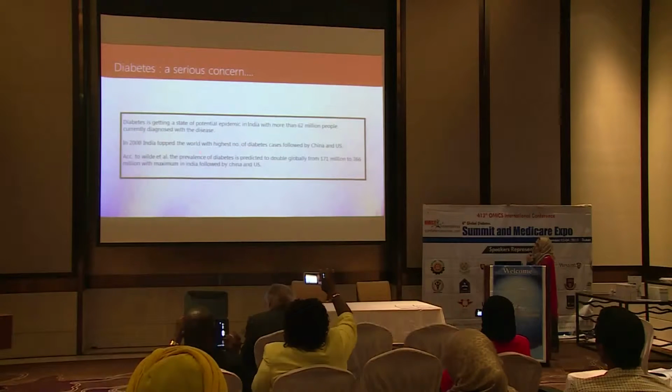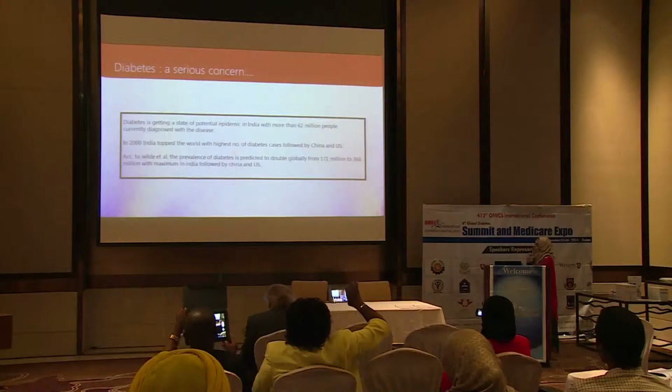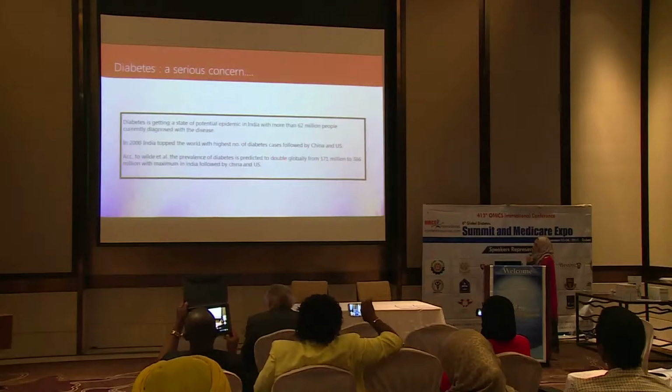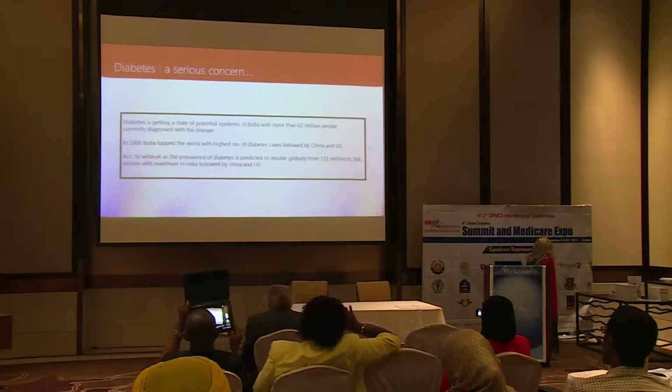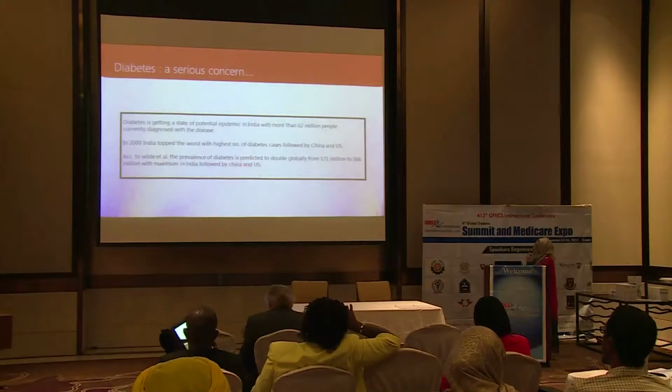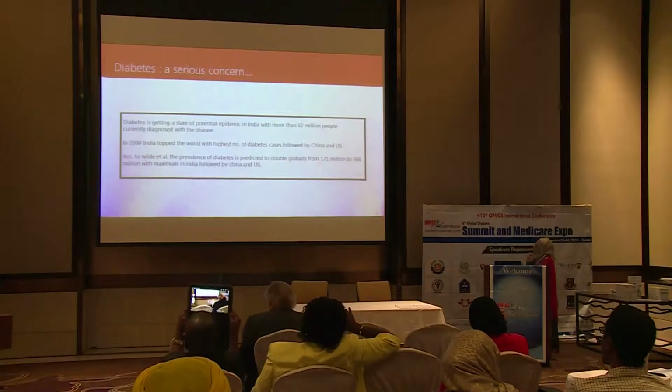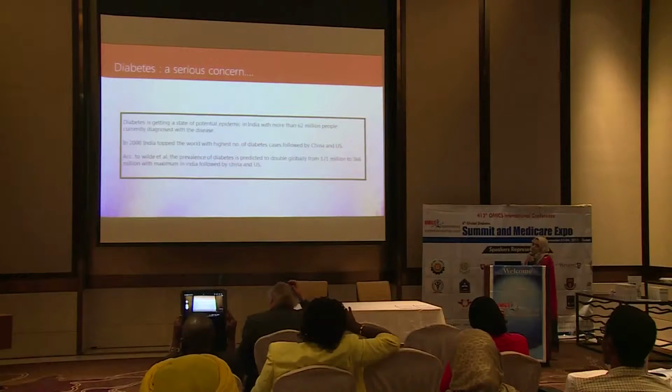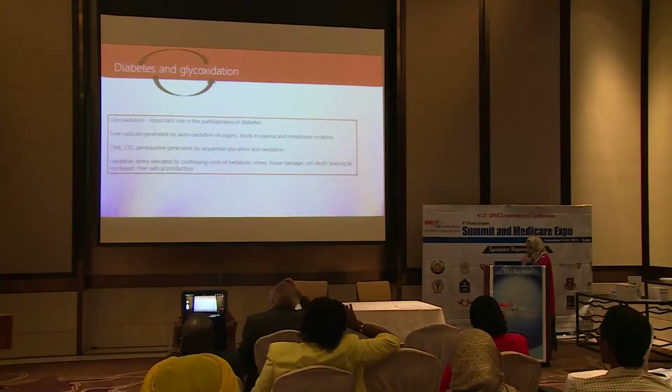In 2000, India topped the world with the highest number of diabetes cases, followed by China and US. According to scientist Wilde et al., the prevalence of diabetes is predicted to double globally from 171 million to 366 million, with maximum in India, followed by China and US.